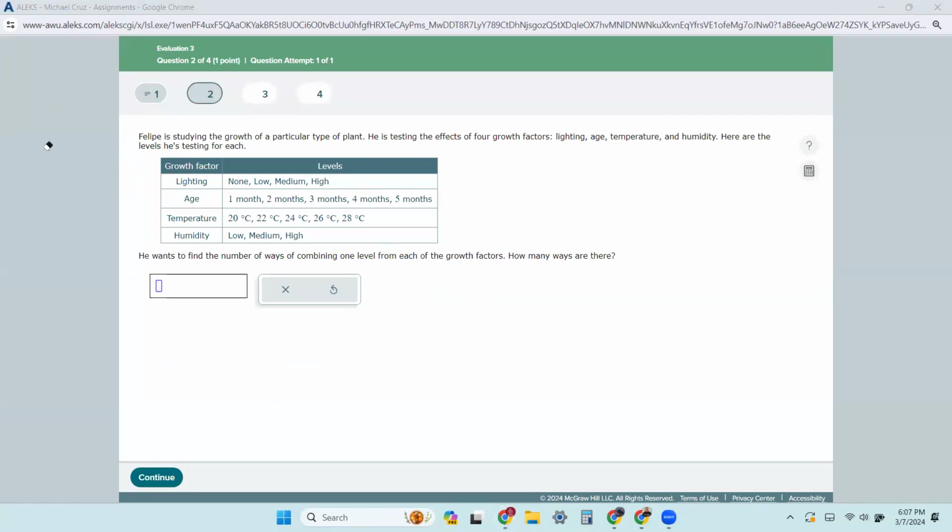All right. So Philippe is studying the growth of a particular type of plant. He is testing the effects of 4 growth factors: lighting, age, temperature, and humidity. Now, to kind of make this start off easy, how many lighting levels are there? 4. Good.